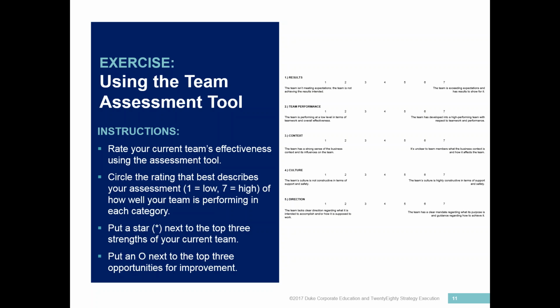So the exercise is given to the students where they will be able to rate their current team's effectiveness using the assessment tool. There are 9 different dimensions that I've mentioned.